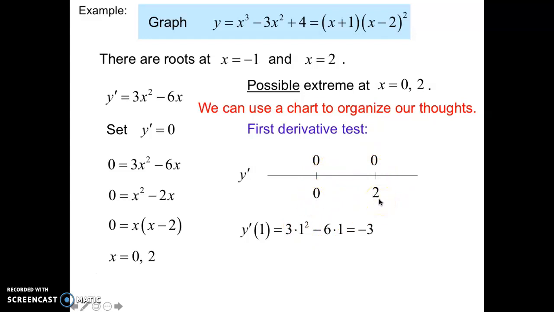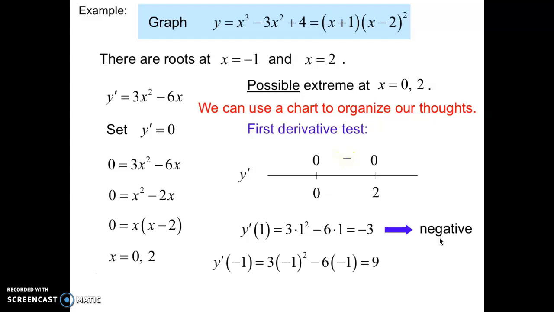Now, unlike what we did with the extreme value theorem in section 4.2, here with the first derivative test, what we do is we look at the sign of the derivative between the critical points. Now notice we're looking at the sign of the derivative, not the original function, but the sign of the derivative. So by putting in 1, I get negative 3. So that tells me in this area between the critical points, the derivative is negative.